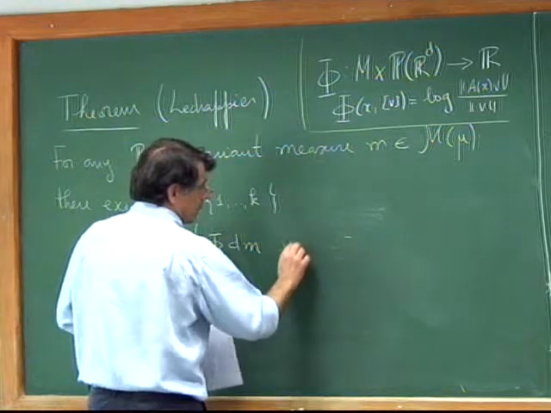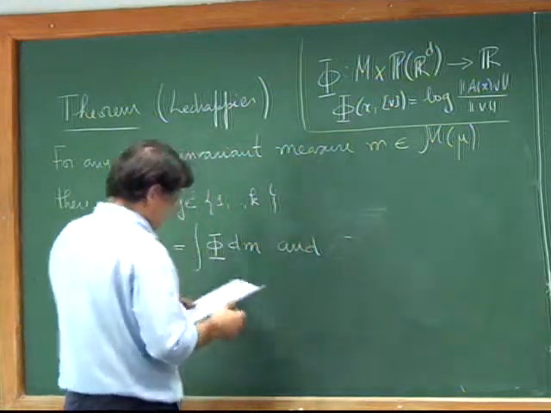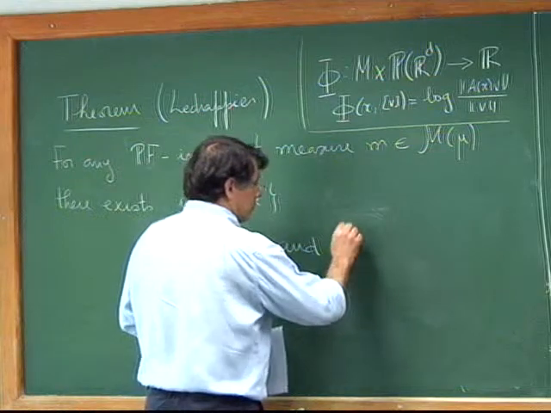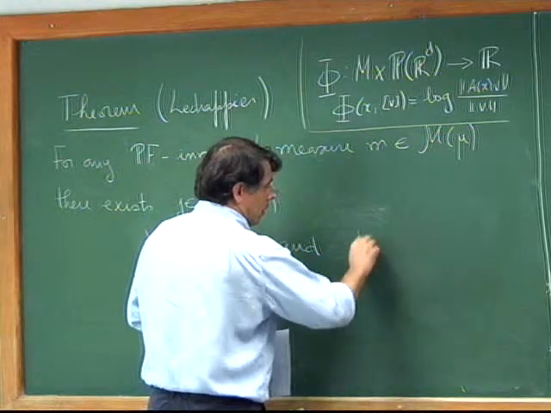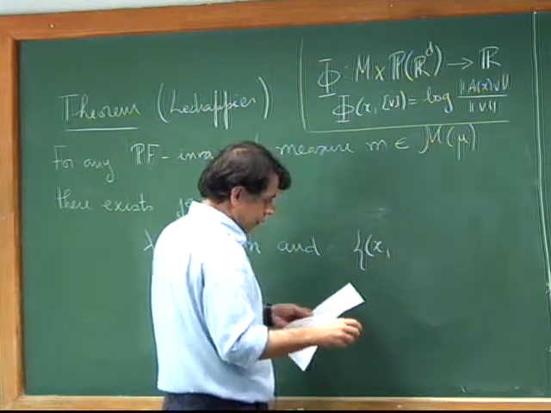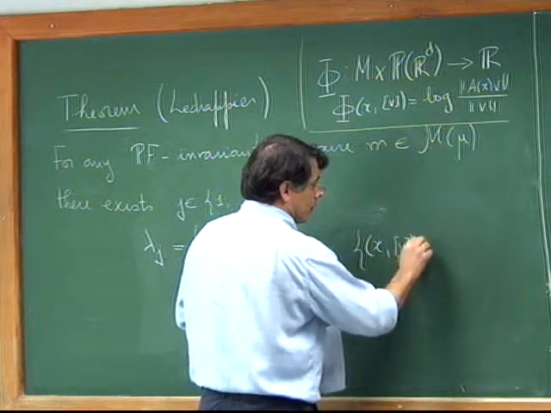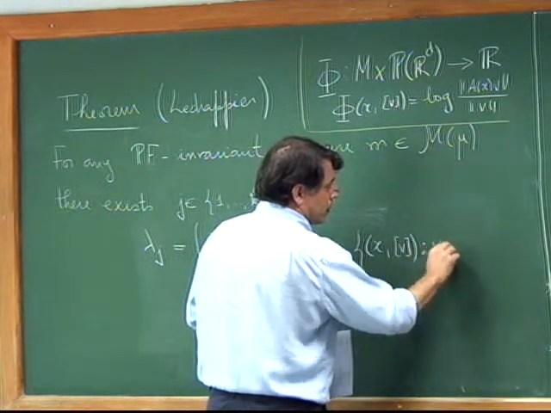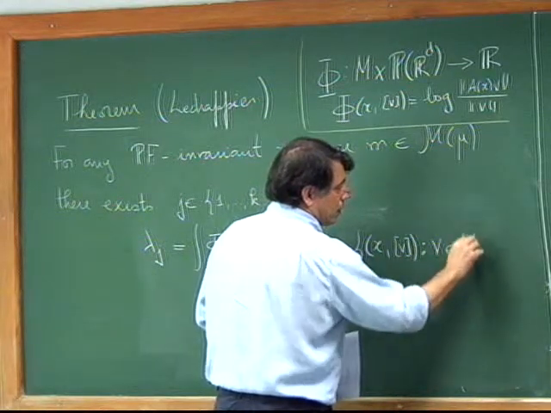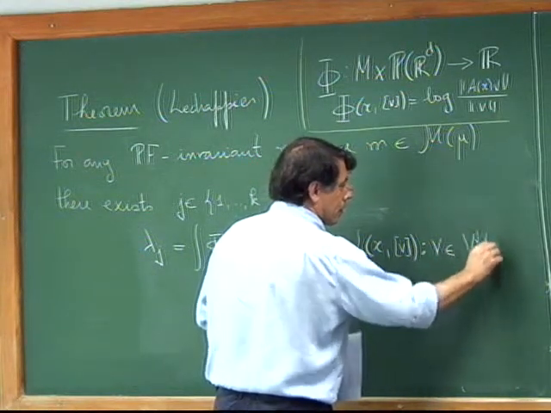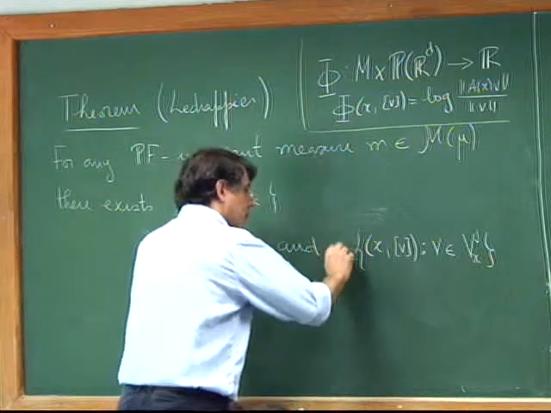And the set of vectors (x, v) such that v is in V_j(x) has full measure.